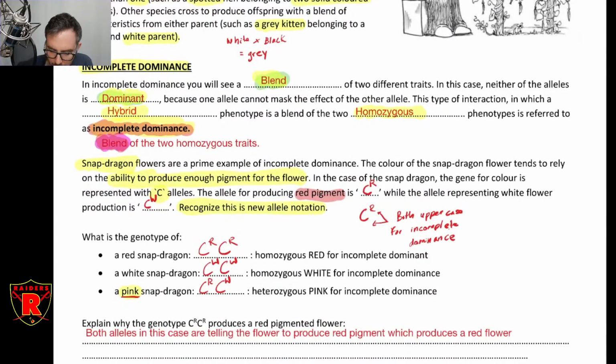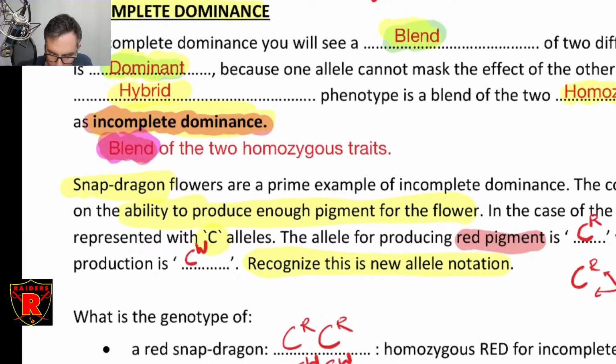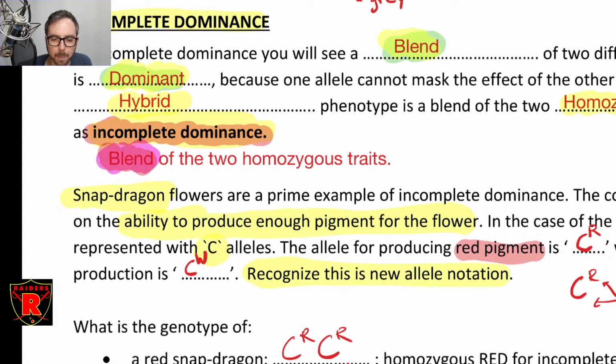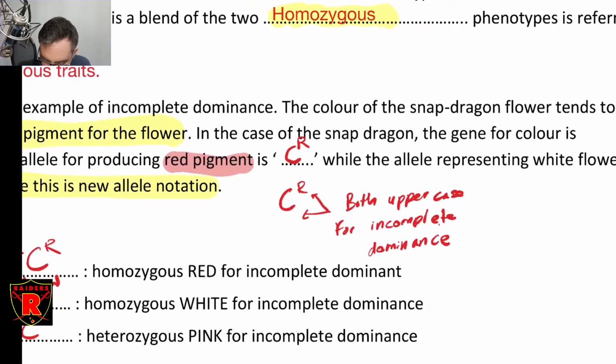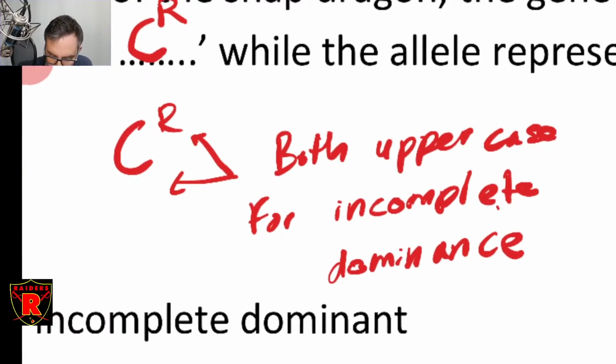Okay, so when you are writing out the nomenclature, instead of using capital letters and small letters, what you do in the case of incomplete dominance is you use a base letter. That would be this one, and that is for the trait. In this case, I picked C for color.